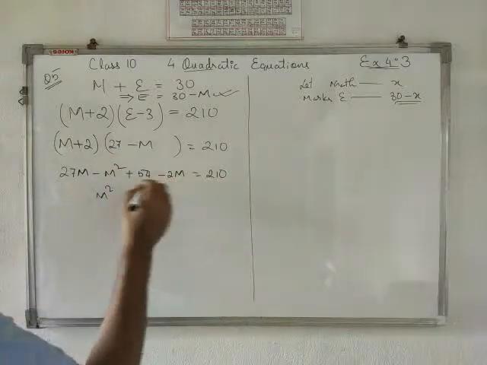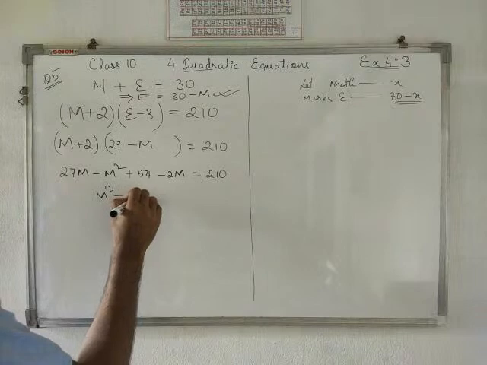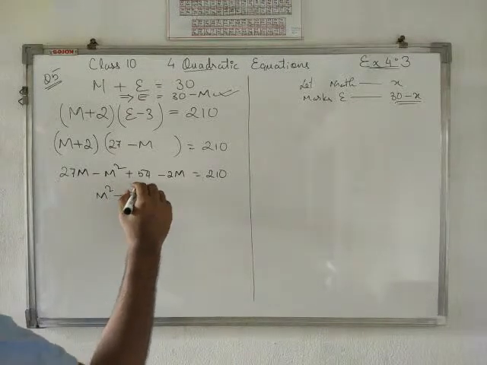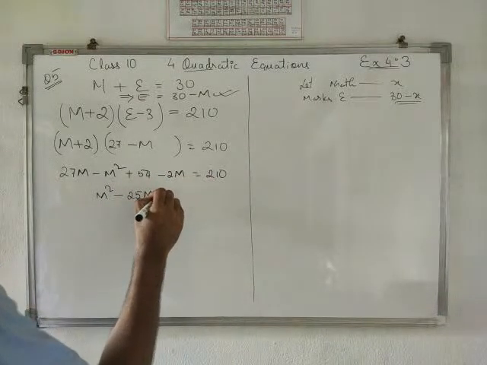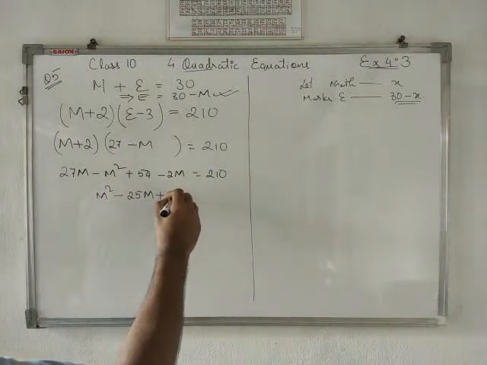m square minus 25m plus 156. Is it correct?